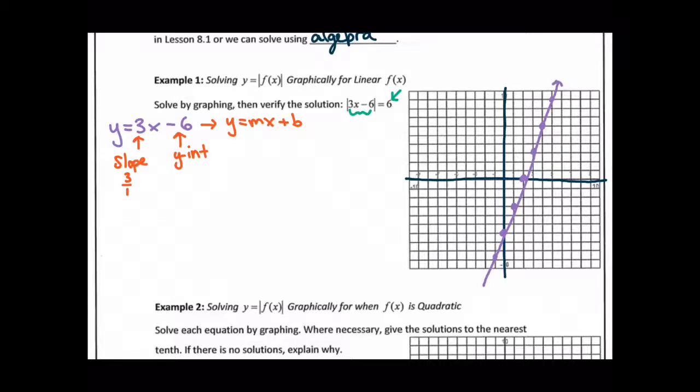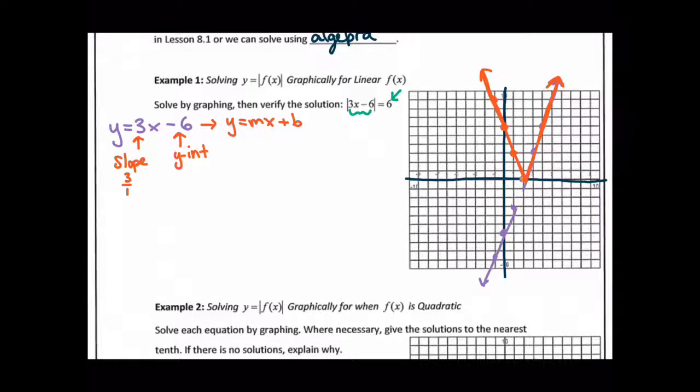It's pretty straight. You go from your critical point, and you do the slope backwards. So you would go up 3 over 1, up 3 over 1, up 3 over 1. Then this becomes our absolute value graph. I'm going to make that red, so you can see that's the actual absolute value graph that you want.